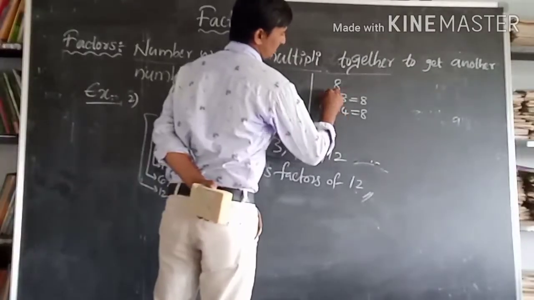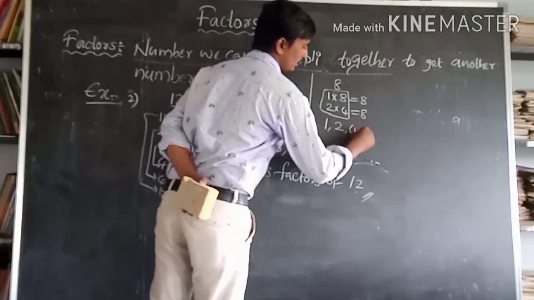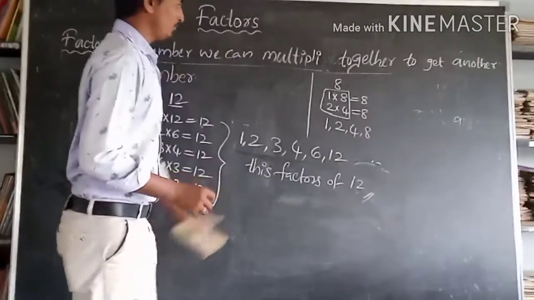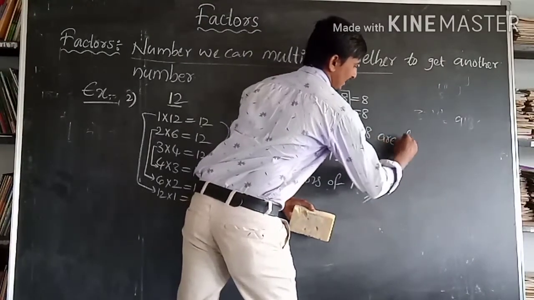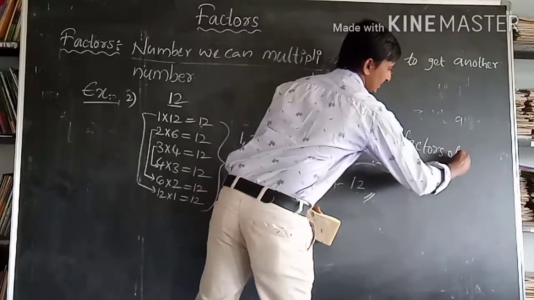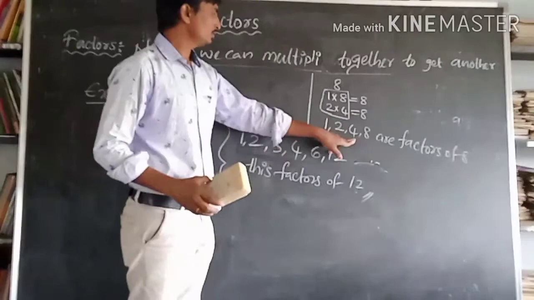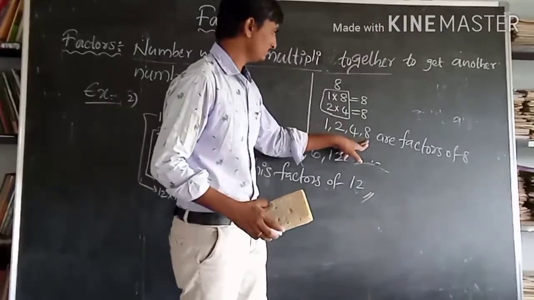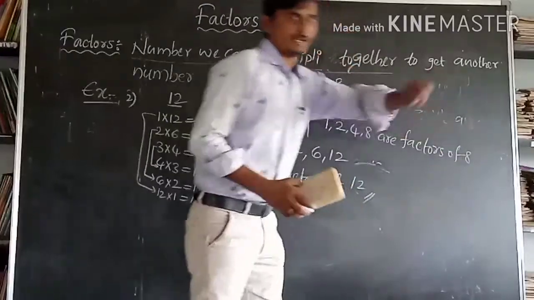So 1 and 2 and 4 and 8, these four numbers are factors of 8. Okay, 1, 2, 4 and 8. These all are factors of 8.